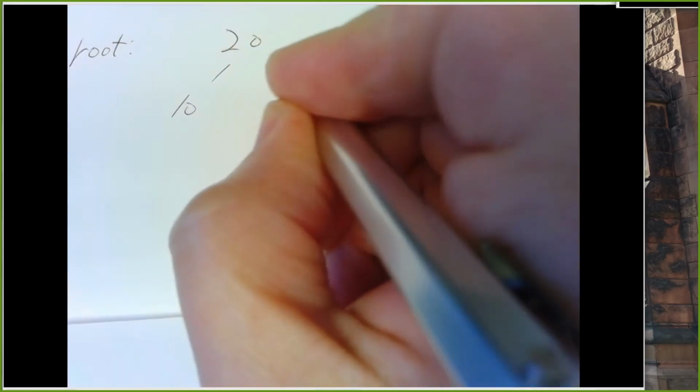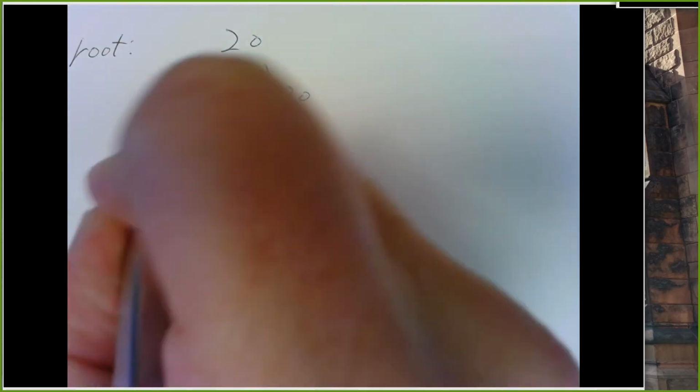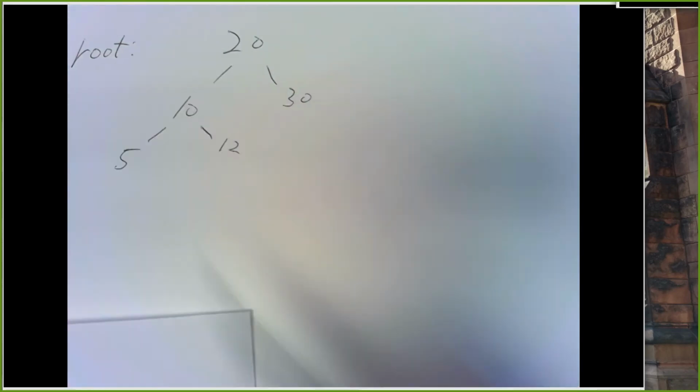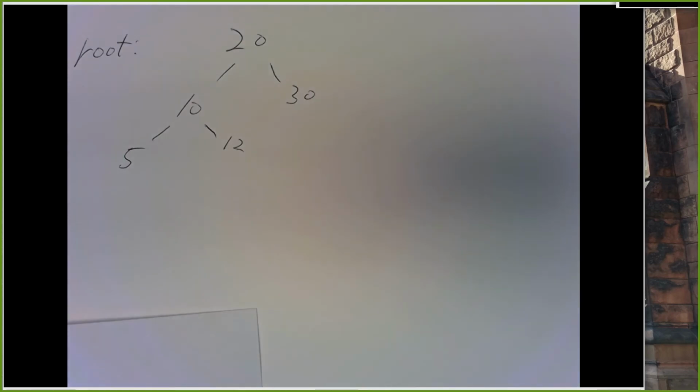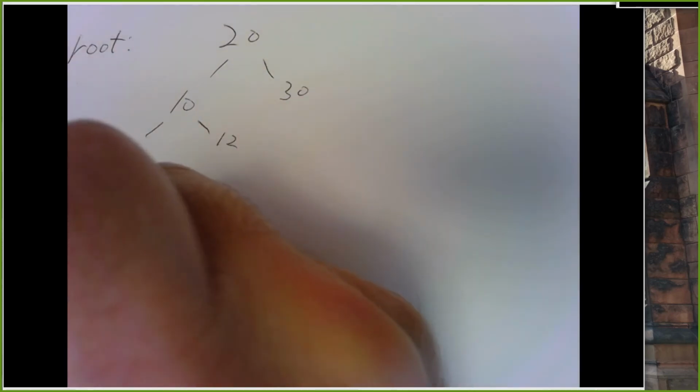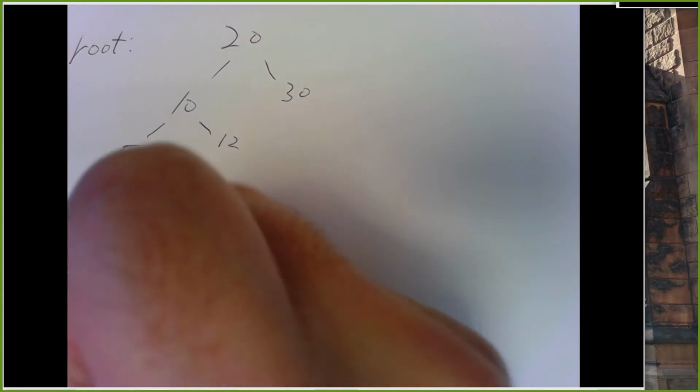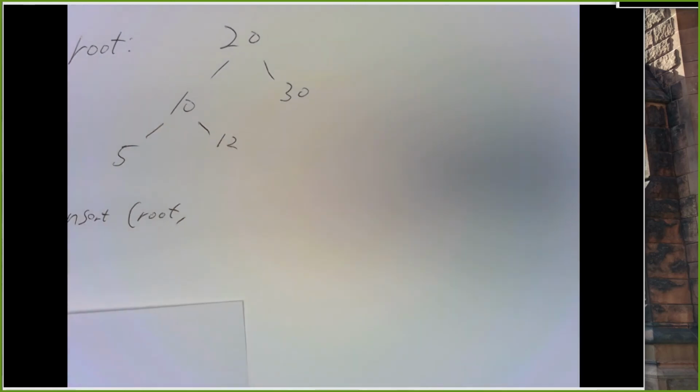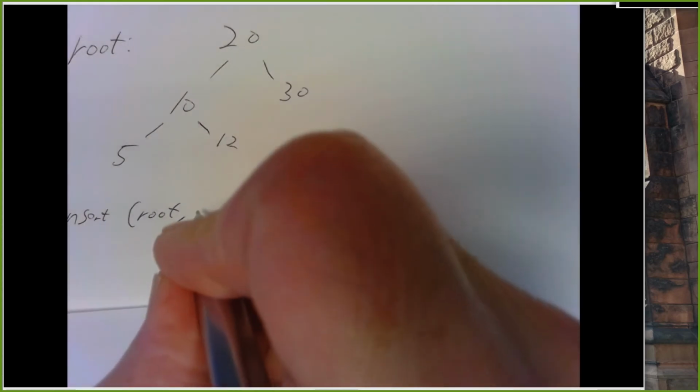Let's suppose that we have a tree which looks like this. All right, so 20, 10, 12, 5, 30. And we want to insert, I don't know, let's insert the number 11.